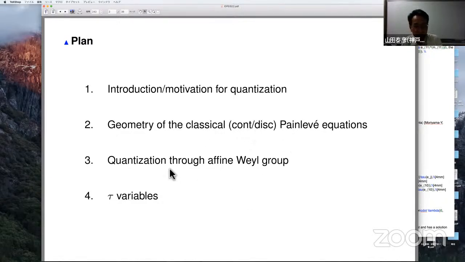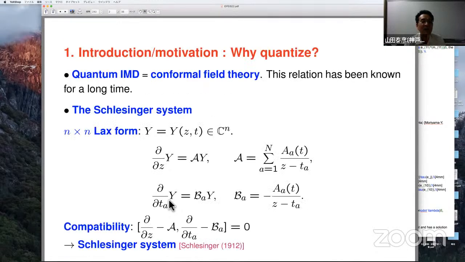And in section 3, I will discuss the quantization of the discrete Painlevé equations from the point of view of the affine Weyl group. And finally, in section 4, I will introduce tau variables and show the main results.